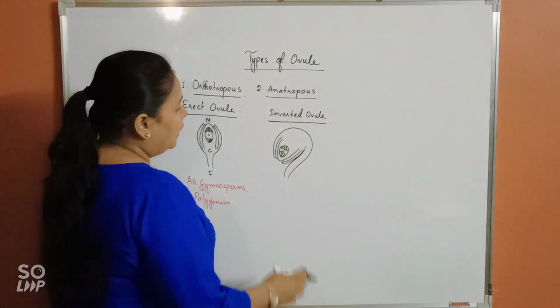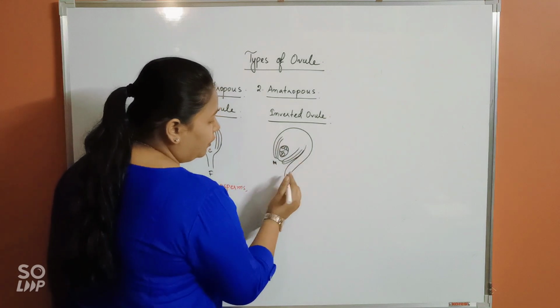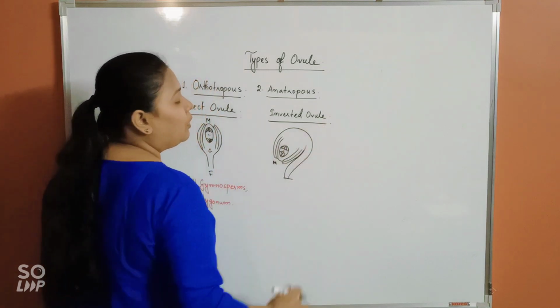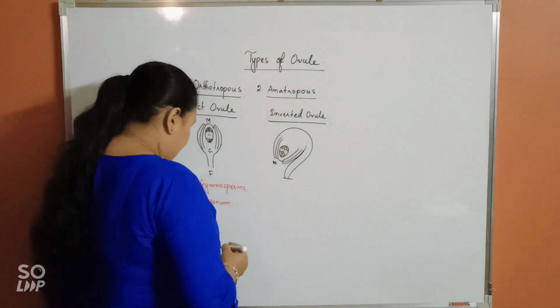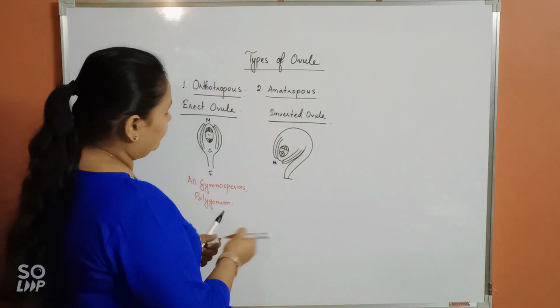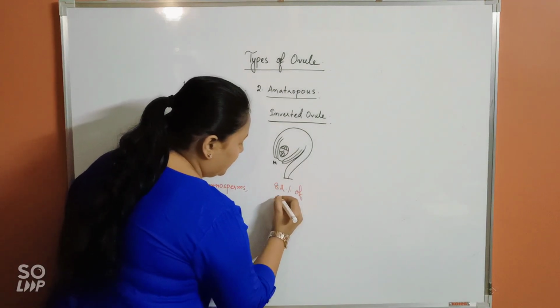Alright, here the micropyle will be tilted towards the funicle and chalaza will be on the opposite end. So this is inverted ovule. Example would be 82% of all angiosperms.